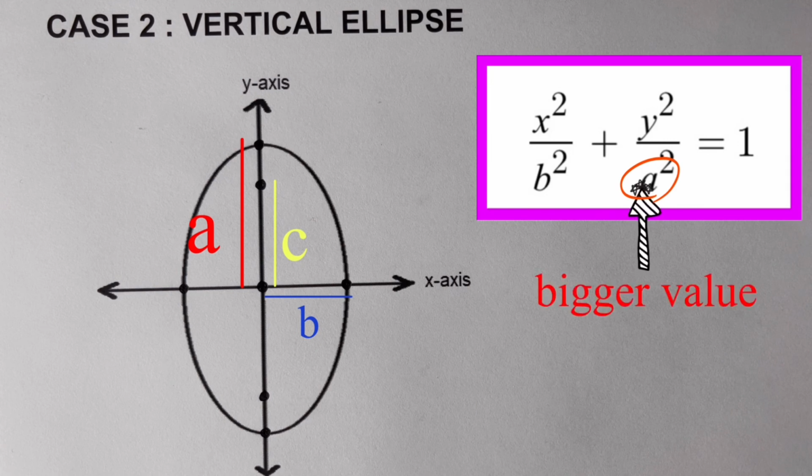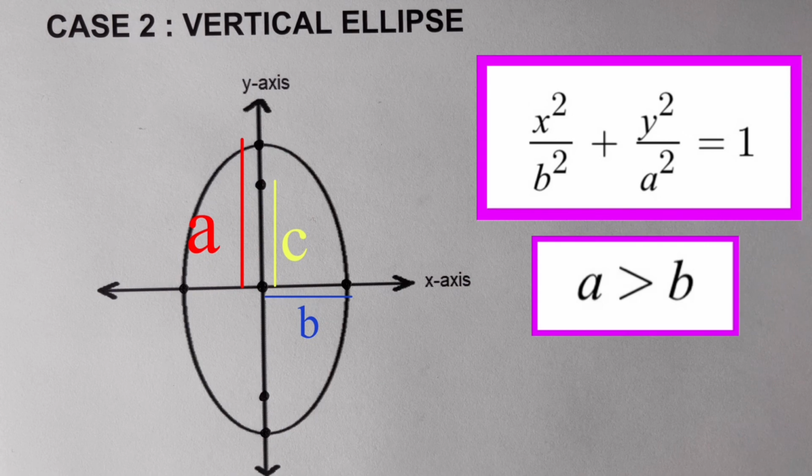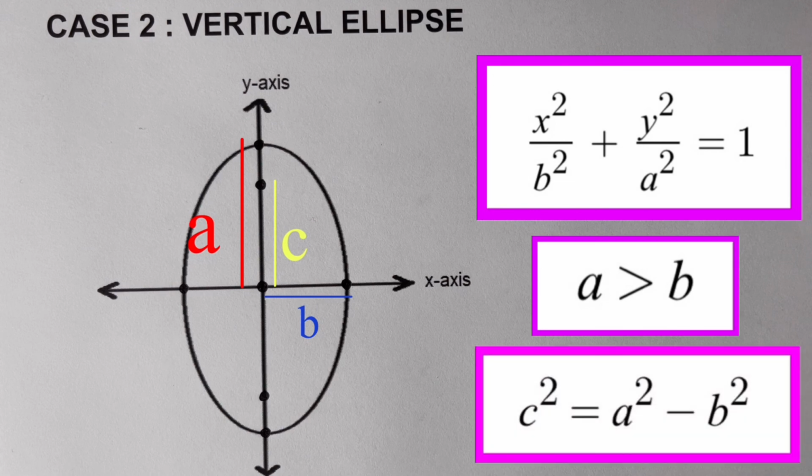This means that if the denominator under the y squared is bigger than the denominator under the x squared, we are able to get a vertical ellipse. And we also remember that again, our A is always greater than B. Now to determine the length of C, we are going to use the equation C squared equals A squared minus B squared. So these are the parts of an ellipse and these are the two cases of an ellipse.